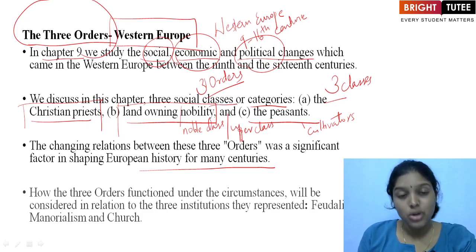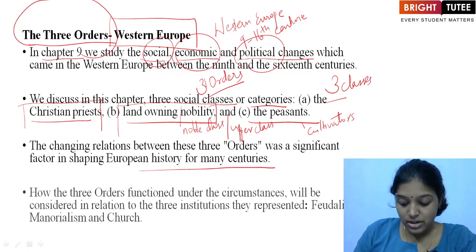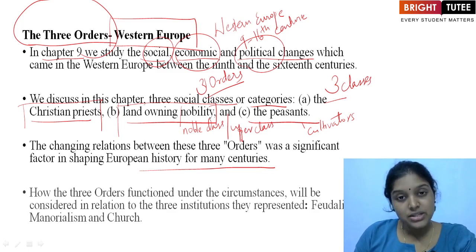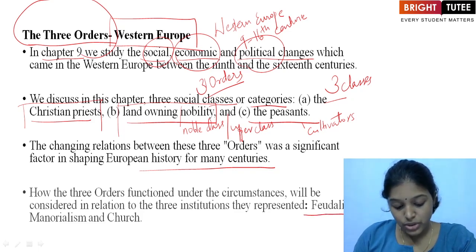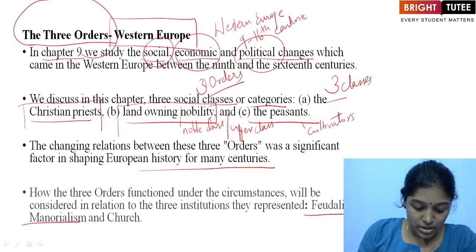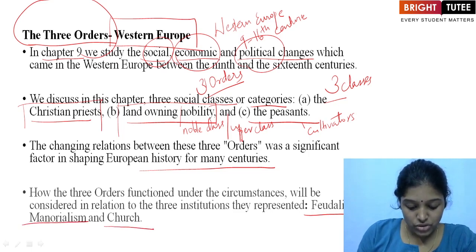and how the three orders functioned under various circumstances will be considered in relation to the three institutions they represented. So this change is reflected in the three institutions that these three orders represented. So the first institution is feudalism, then there is manorialism and the church.